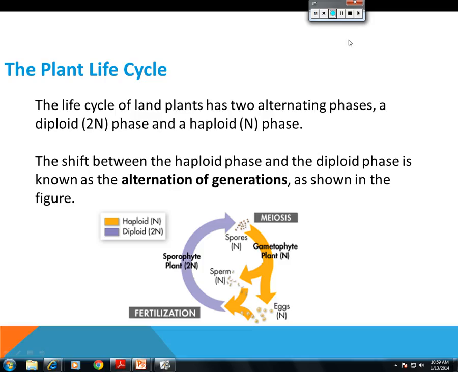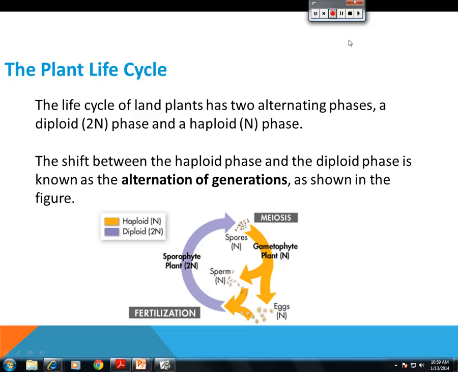In the sporophyte phase, it's going to have both the fertilized sperm and egg that eventually are going to produce the spores. The spores are going to go through meiosis, so they're basically going to copy over and over and over, right? And when they do, those tiny little spores, after copying, are going to produce the gametophyte.